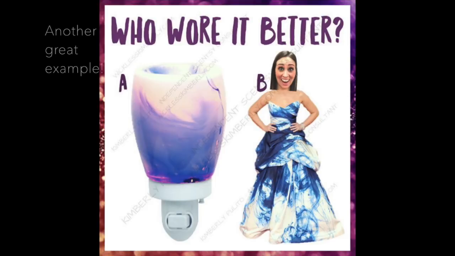And then she said, who wore it better, A or B? Now, according to Tag Team, you want these question posts or entertaining posts to solicit an answer, and the shorter the answer, the better. People are busy, people are scrolling. So pick a number or pick a letter.